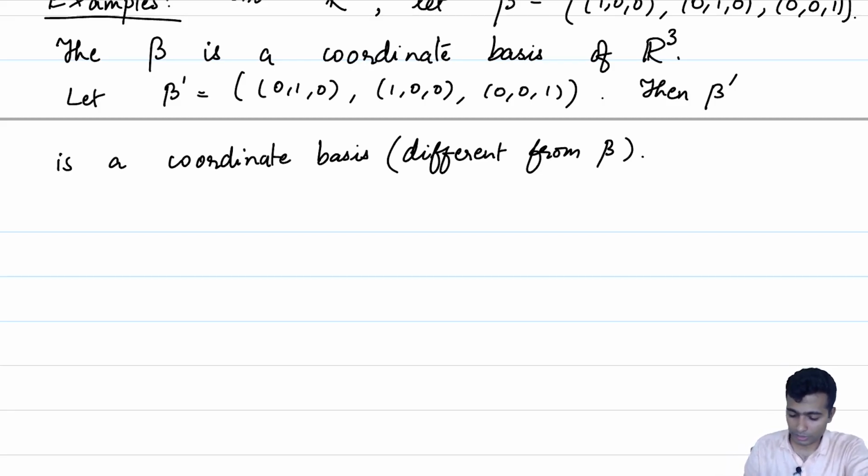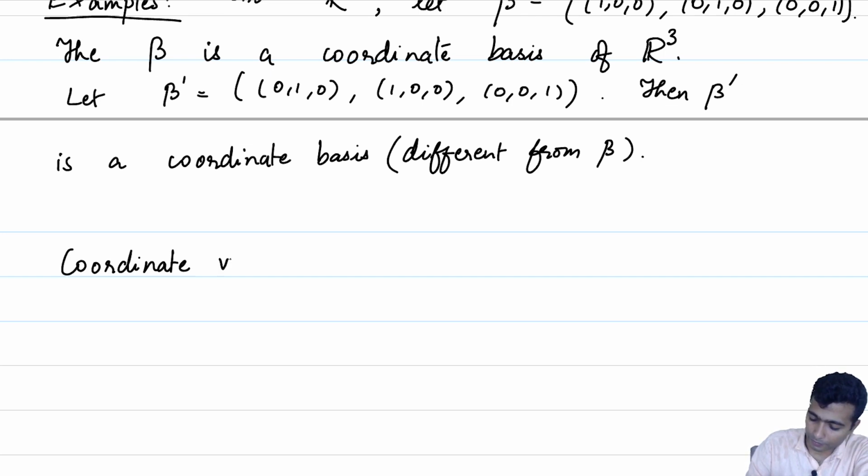So this is a coordinate basis. So let's also now look at what is a coordinate vector with respect to a coordinate basis. And then we will proceed.